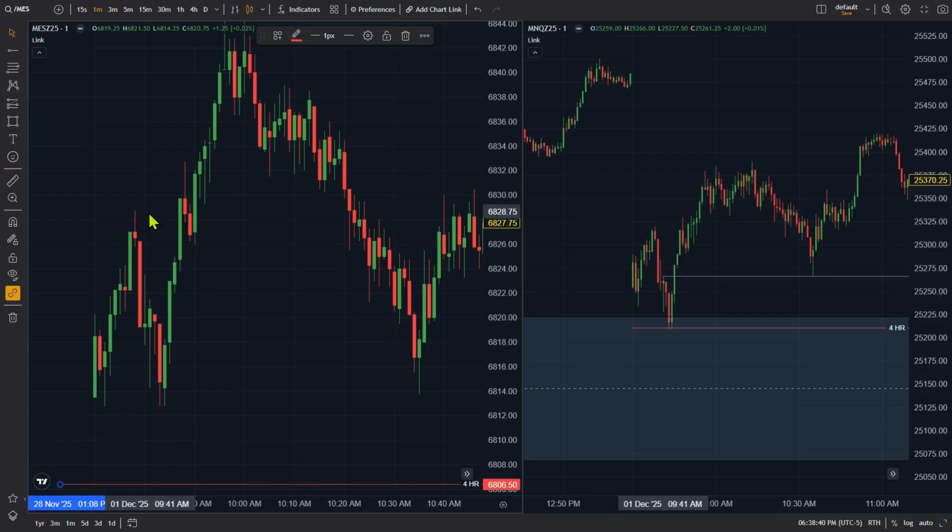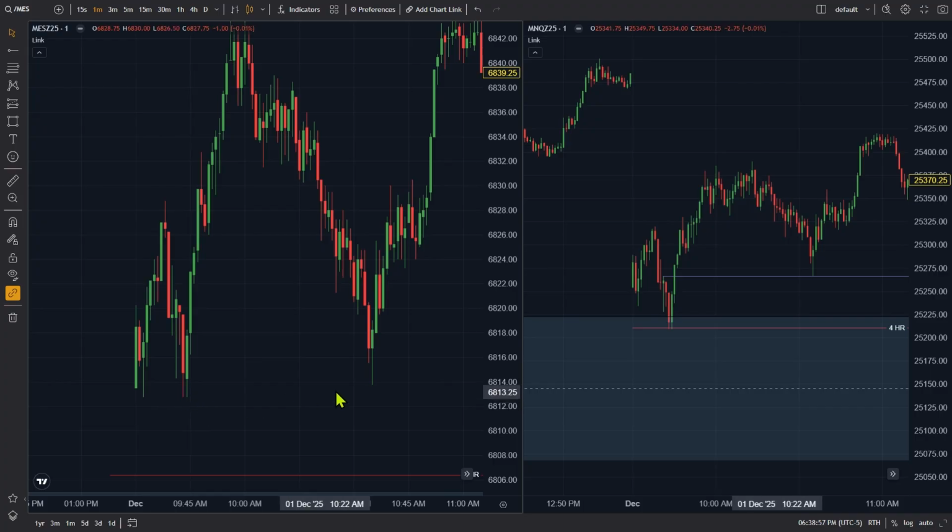We went up, we came back down, we made relative equal lows, we came back down, we made relative equal lows again, and then we went up. I'm watching this. This is actually a higher low. That's a little bit higher low right there.